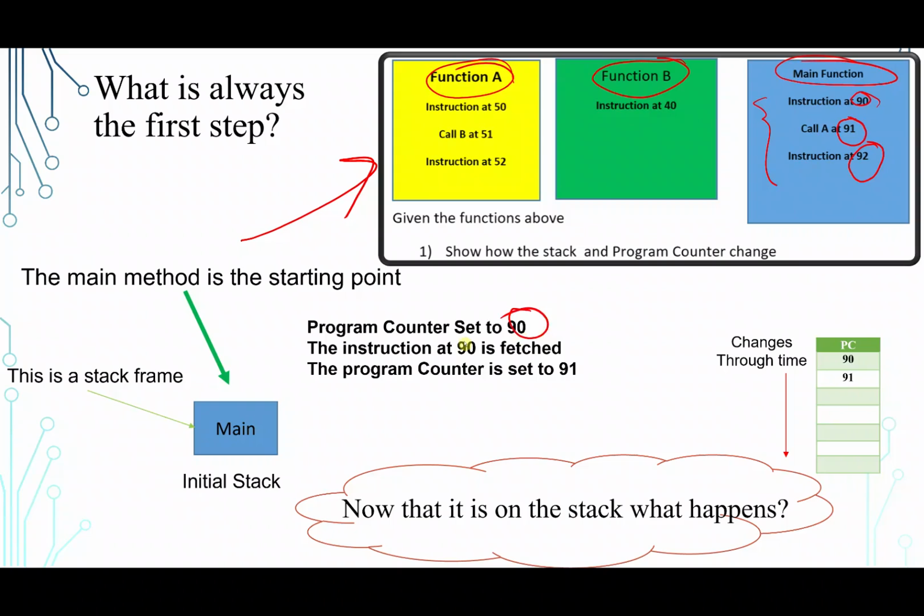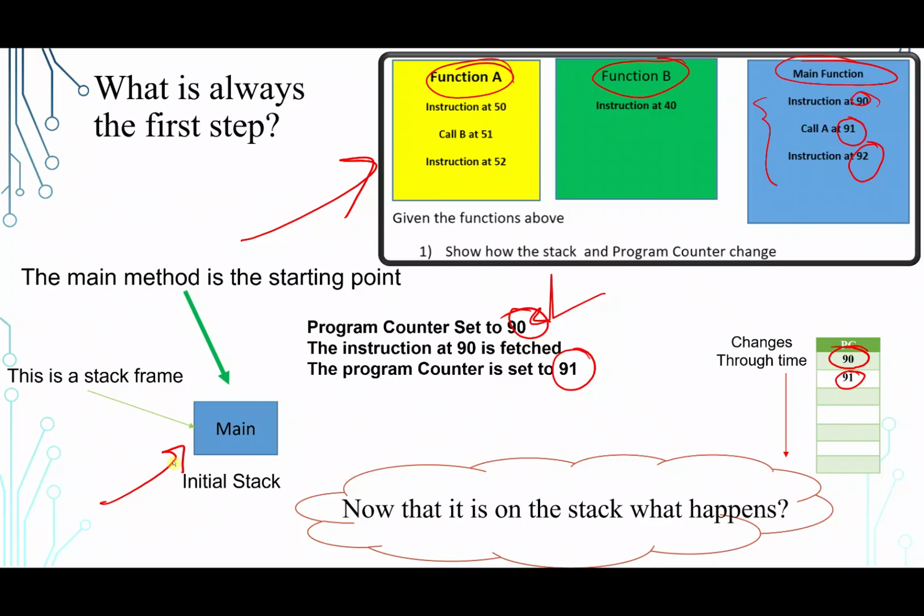Then the instruction at 90 is fetched, executed, then the program counter is set to 91. Remember, whenever we fetch an instruction, the program counter starts storing the next instruction. So as we fetch the instruction at 90, then 91 is placed at the program counter. And we push the main function because we always start from the main function.